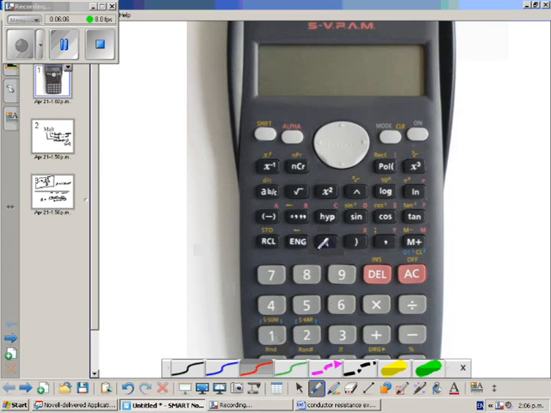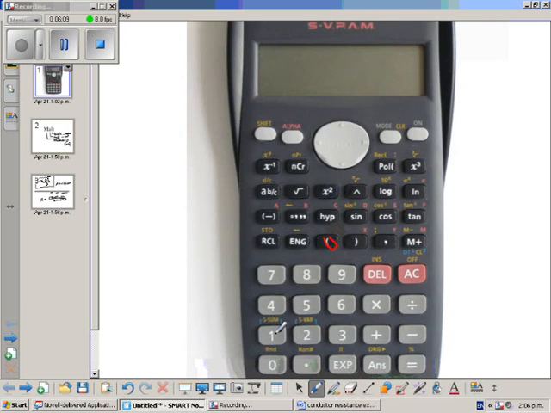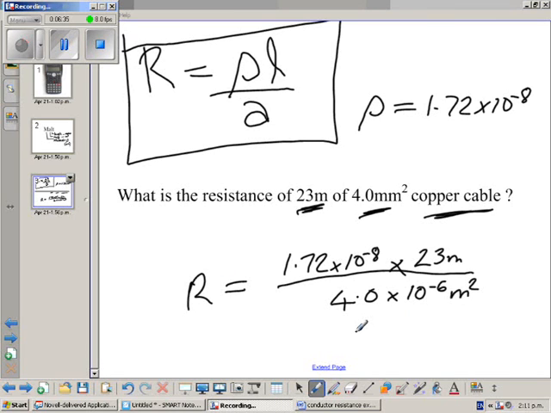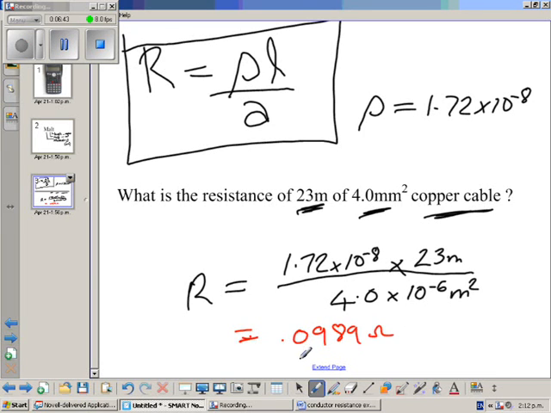I'd go bracket, and I go 1.72 exp negative 8 times 23, close the bracket, divided by the area, which is 4.0 exp negative 6, equals, and you'll get your answer. This equals 0.0989 ohms. So it's about 1/10 of an ohm.